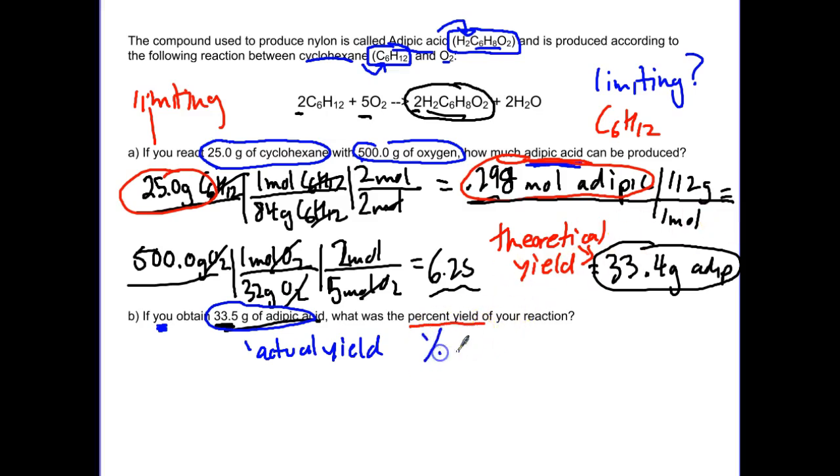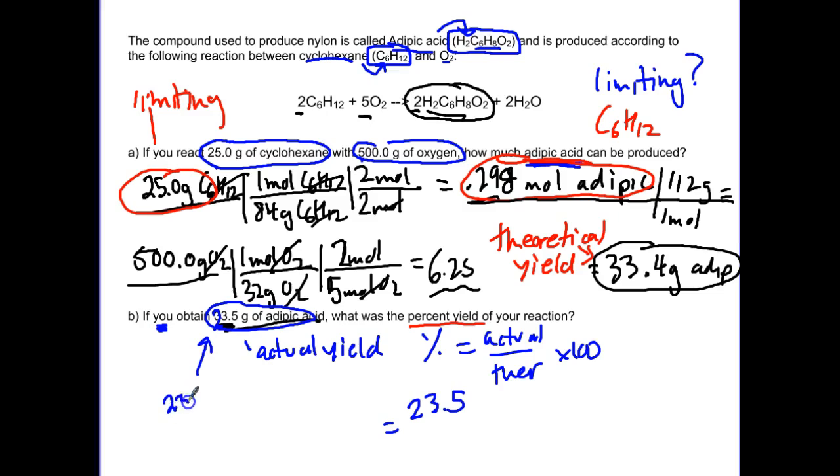Your percent yield is equal to actual over theoretical times 100. So in this case, it would be 33.5. Excuse me, there's a small typo here. It should have been 23.5. Sorry, again, this was a typo.